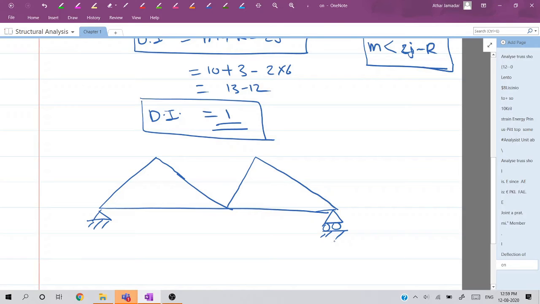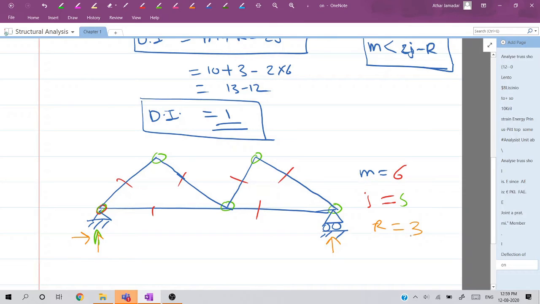Find out the degree of indeterminacy. Here m is equal to 1, 2, 3, 4, 5, 6. Then the total number of joints is 1, 2, 3, 4, 5, and the total number of reactions R is going to be 3.